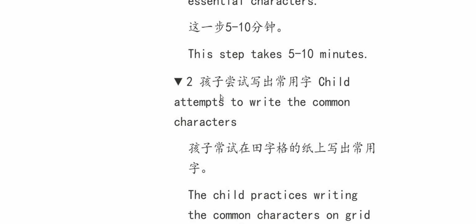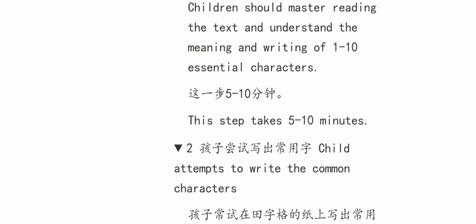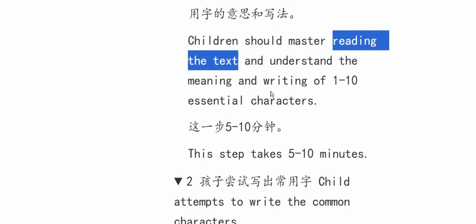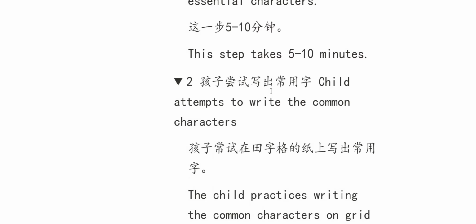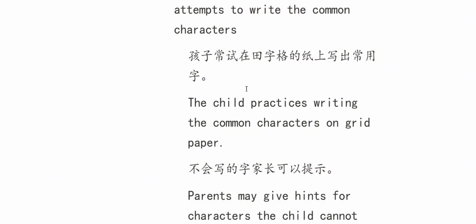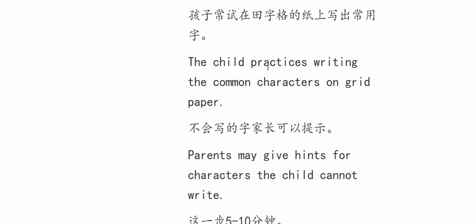Next, we want the children or English speakers to read the text or the passage of this lesson, and then we want the children to write the common characters. The children practice writing the common characters on grid paper.